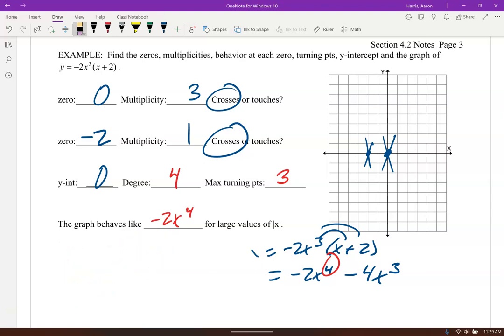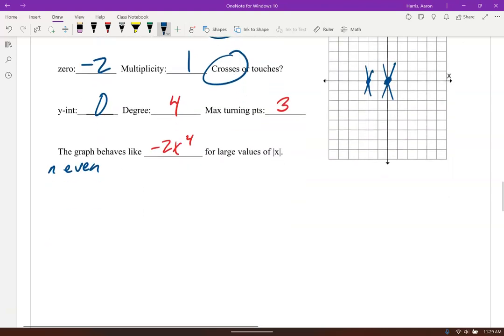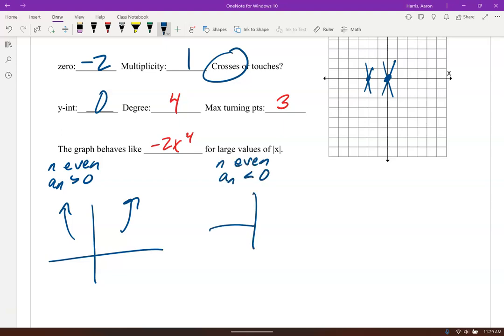So what does that mean? Well, it's a fourth degree, so n is even. So if the leading coefficient's positive, it's kind of like x squared. It goes up to the left, up to the right. If the degree is even, but the leading coefficient's negative, then it's kind of like -x squared, which goes down to the left, down to the right. Well, this has a leading coefficient that's negative.